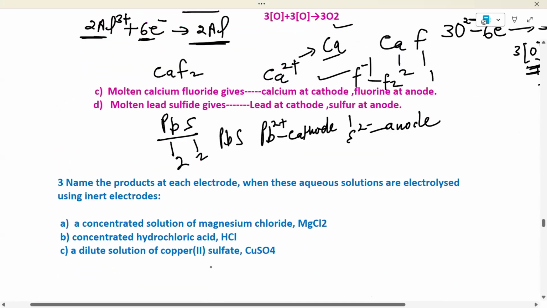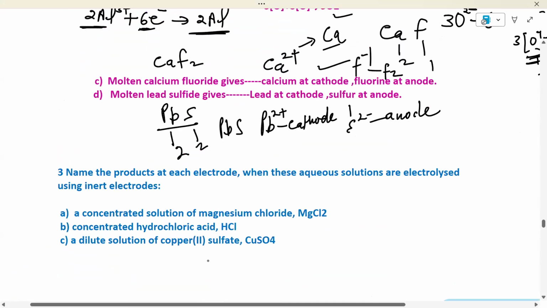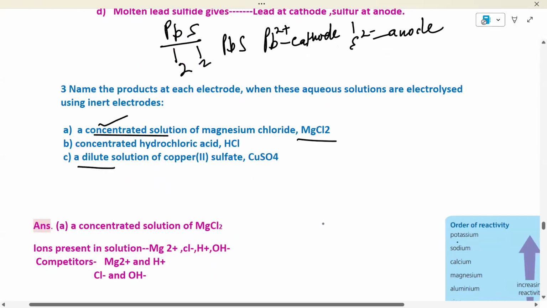See, first is concentrated solution of magnesium chloride. Always remember, just focus on this, whether it is concentrated, whether it is dilute, it makes a difference, right? Concentrated solution of magnesium chloride first.